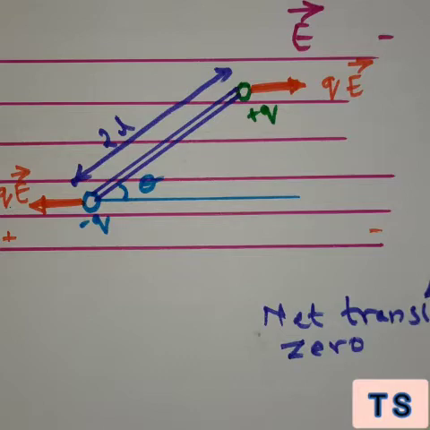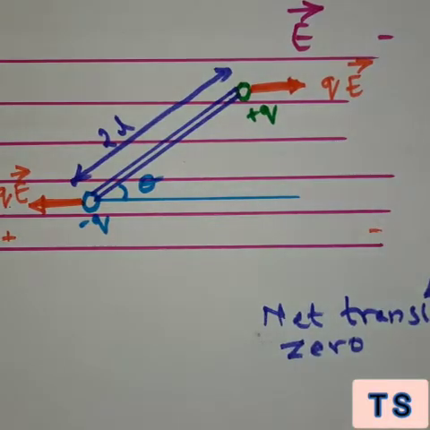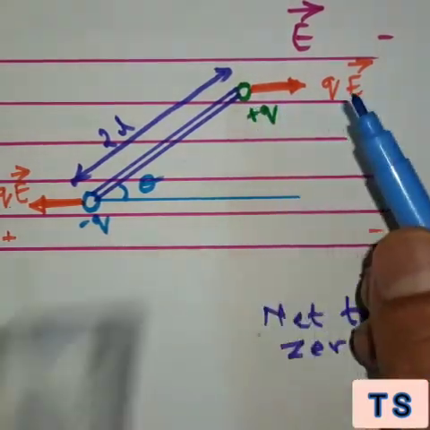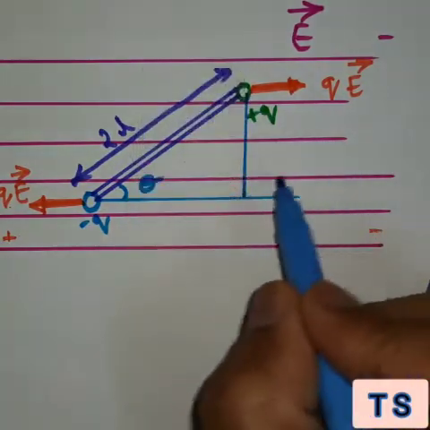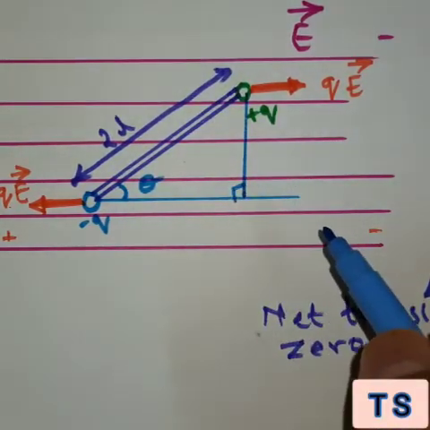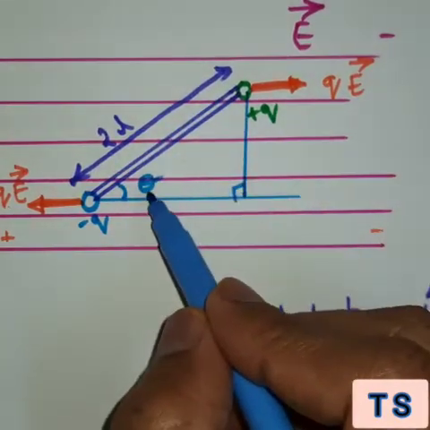To apply the formula of the torque, we know the force is QE, and we need a perpendicular distance. So let's say that this is my perpendicular distance from the line of action. This is 2L and this is theta.